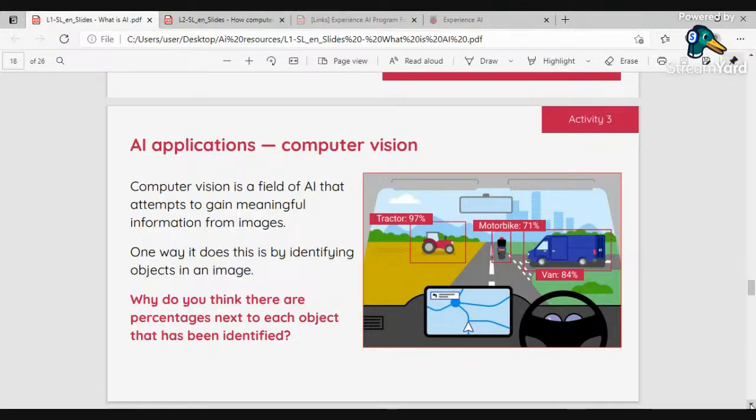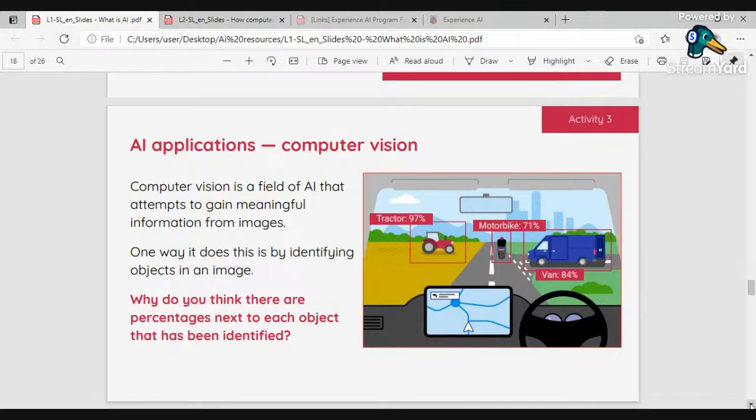If you look at it, this is an AI looking at these objects, and based on the information the AI has, it can detect or identify the images it is seeing. Number one, the machine can see a tractor. This is 97% a tractor, so there is a higher probability that this is truly a tractor.